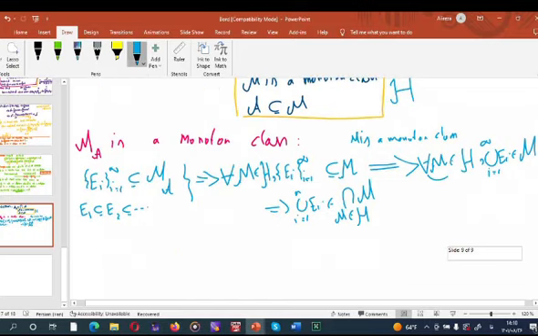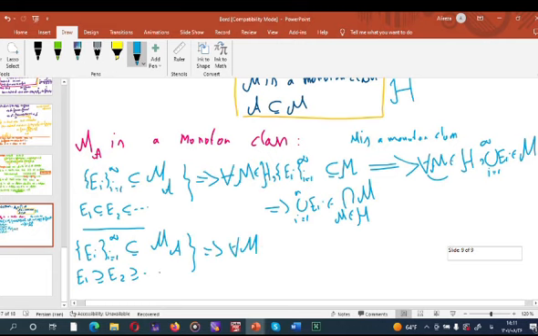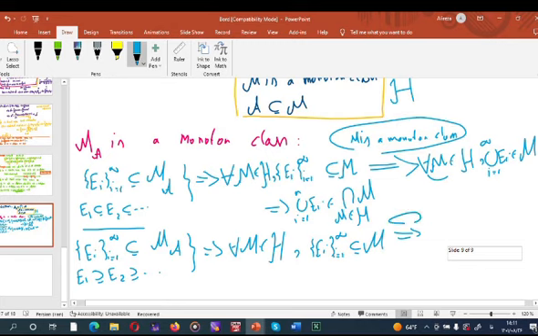And similarly, if A_i is a sequence in M_A and this is a decreasing sequence, then we see that for each M in this index set, this sequence must belong to M, and by these reasons again, for each M in H, this intersection must belong to M, and this shows that this intersection must belong to the intersection of these M's.